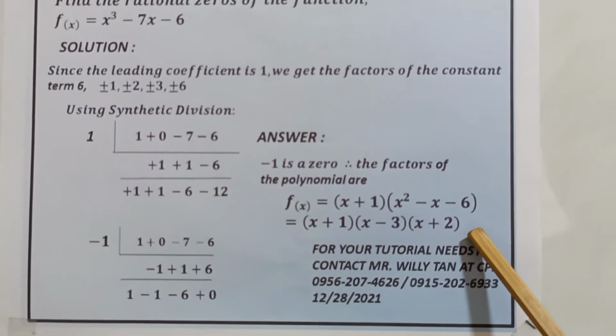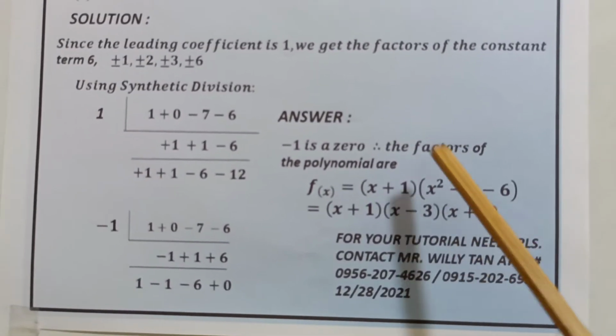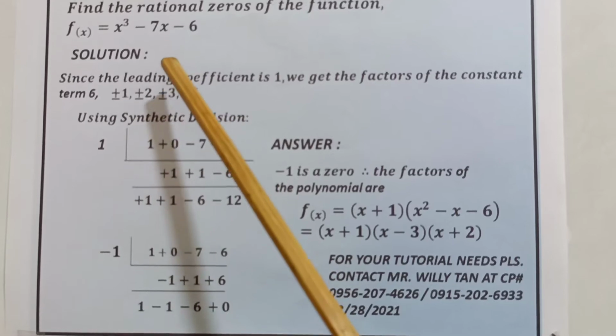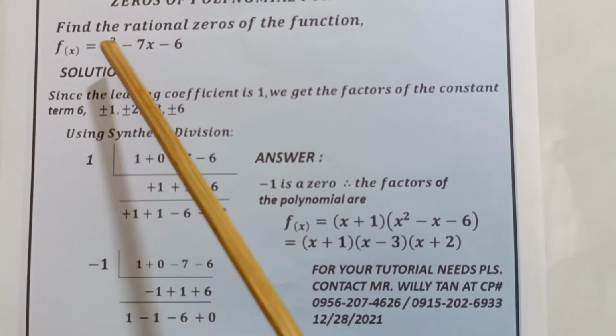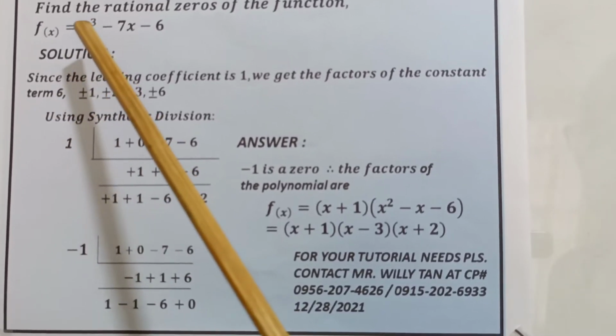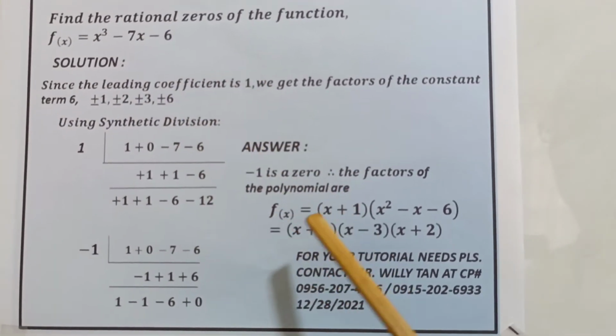So the complete factors of the given polynomial f of x equals x cubed minus 7x minus 6 give the zeros.